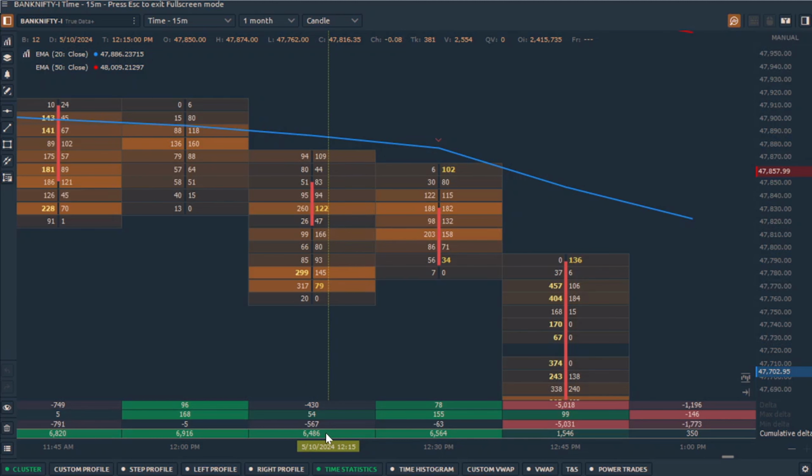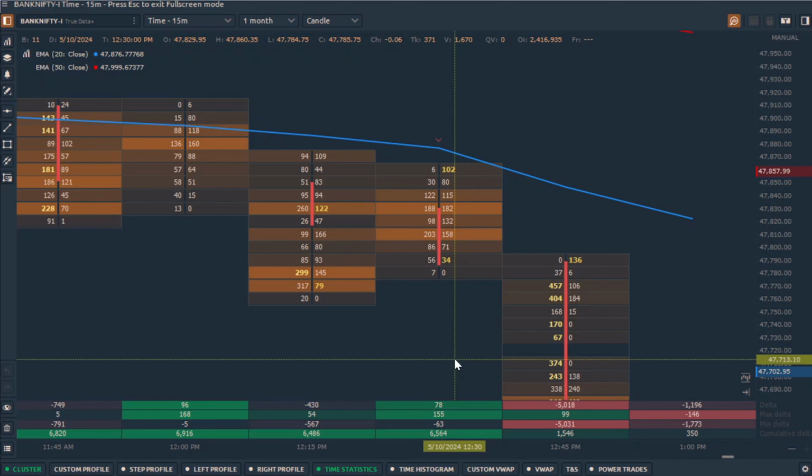So from the beginning of the day till 12:15, since this candle is at 12:15 in the afternoon, 6,486 is the cumulative positive delta on the overall market orders, which means there has been quite a bit of buying on Bank Nifty with aggressive buyers, right? Again, when we refer to aggressive buyers, it's primarily the market orders.